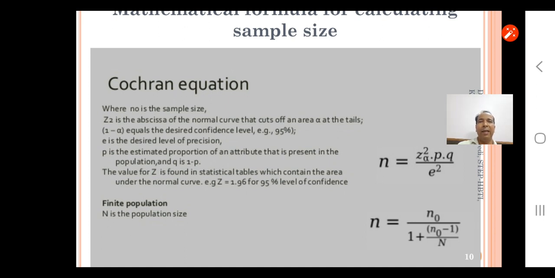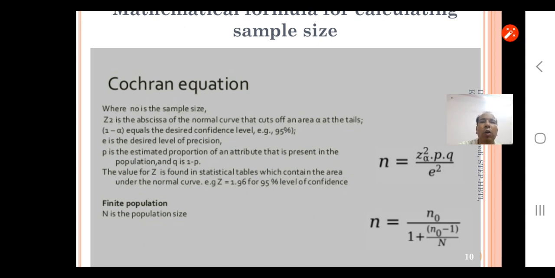Similarly, I can denote 1 minus alpha with 95% confidence level. So this is the desired precision I want. If I want my sample to be 95% precise, that means Z alpha is 5%.